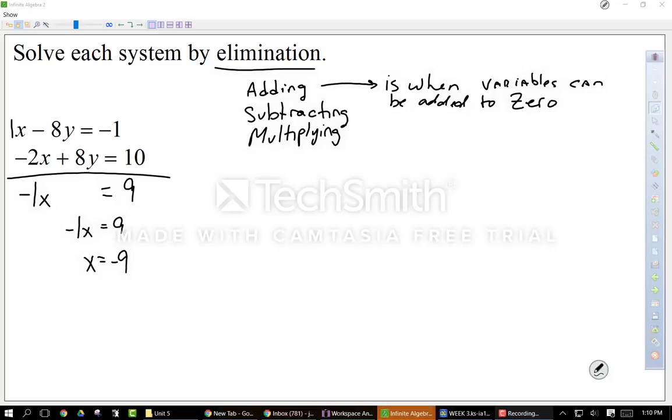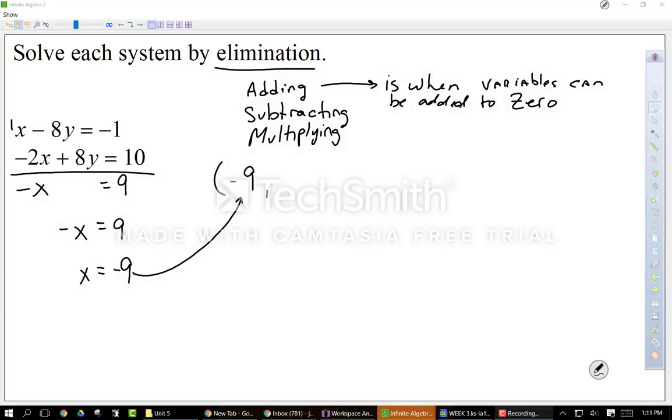Again, because this is a system, my answer is going to be an ordered pair. Since x was negative 9, it goes in my x spot. Now, how do I find out my y value? Since x is negative 9, I can plug it into x in the bottom one or x in the top one. It's up to you. There's really no easy way to do this. You just got to pick one. So let's pick the top one.